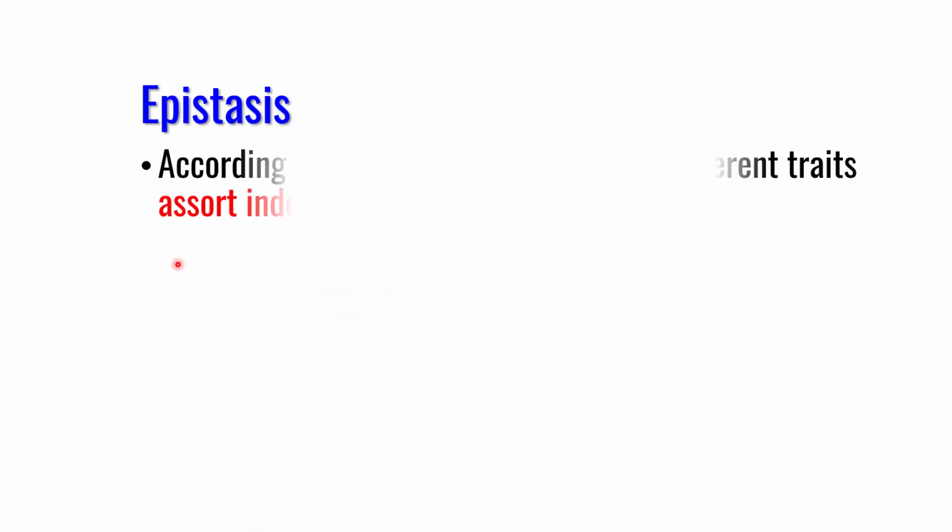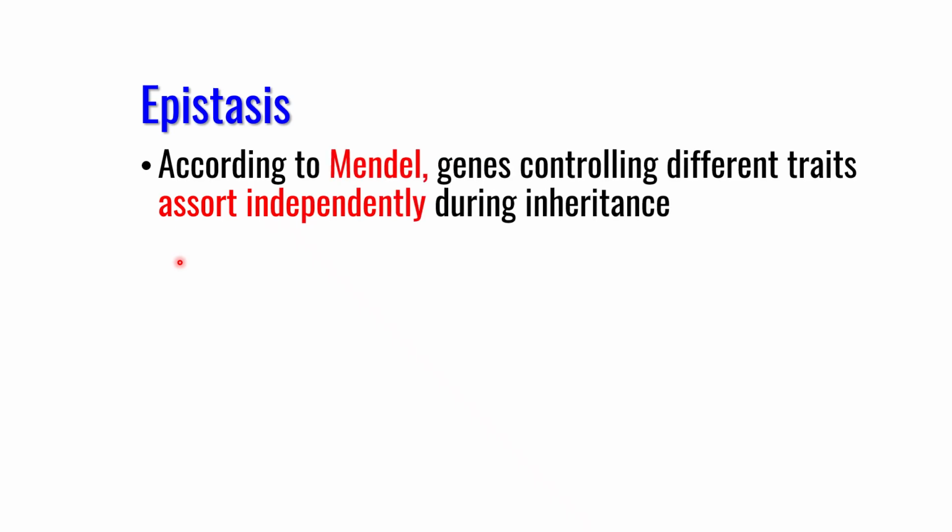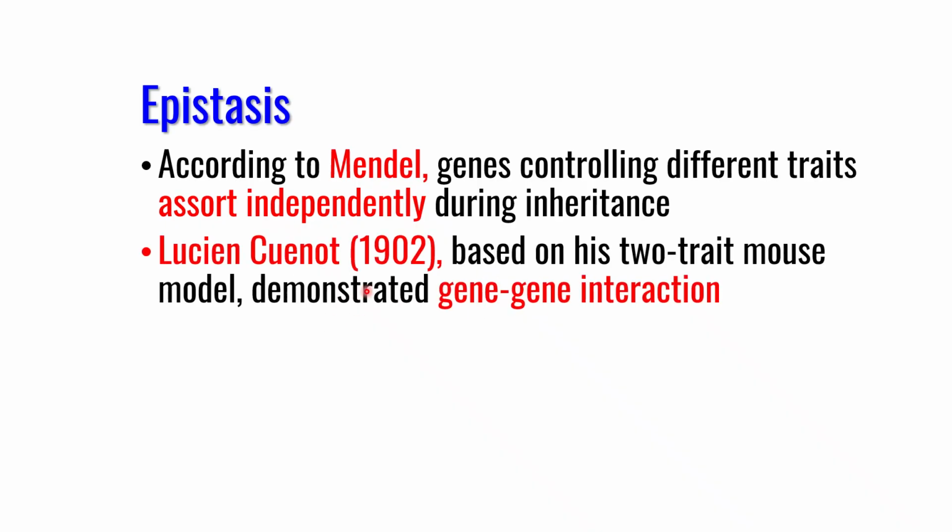I will present briefly the overview of epistasis. According to Mendel, genes controlling different traits assort independently during inheritance. This is also known as the law of independent assortment, or in other words, you can say different genes do not interact. However, Lucien Cuénot in 1902, based on his two-trait mouse model, demonstrated gene-gene interaction.